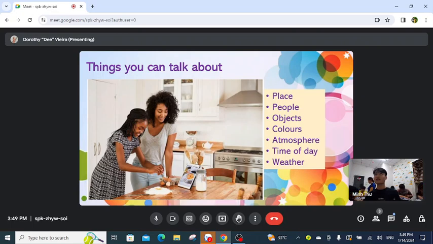The two women are interested in baking. The two women are interested in their activity.